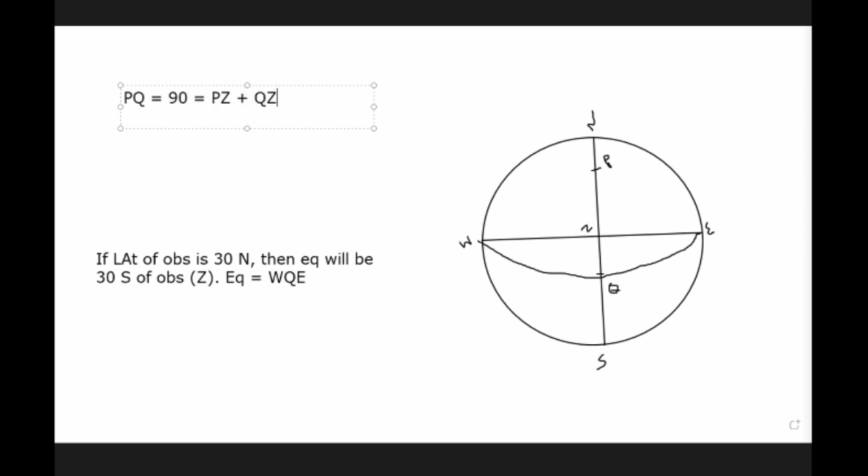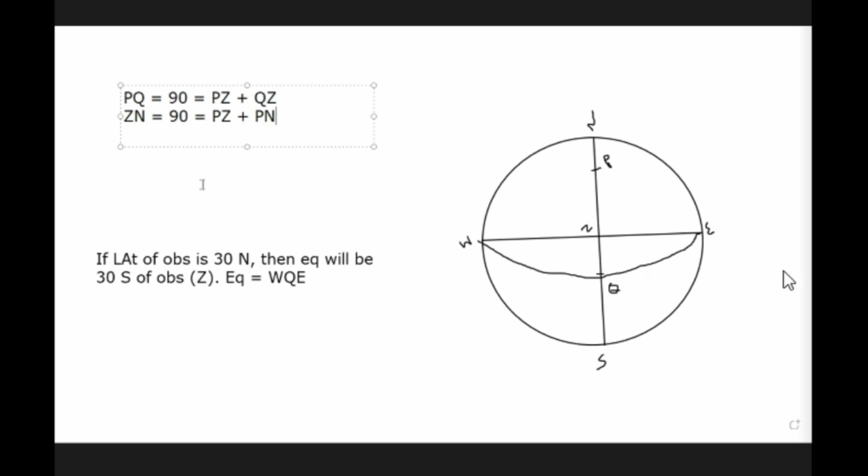Yes. Correct. Now, Zn is equal to what? Again 90 degree, because by definition, from the zenith to the rational horizon, it is 90 degree. But Zn is equal to PZ plus Pn. Correct?